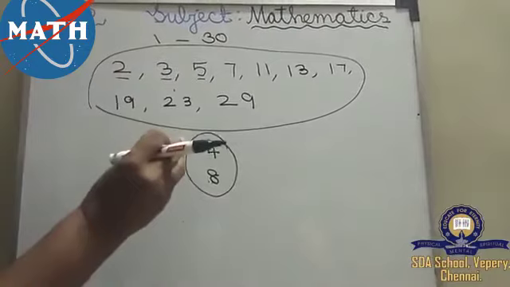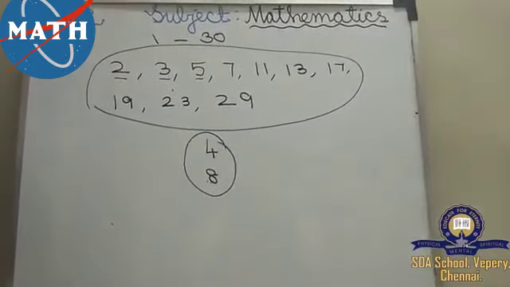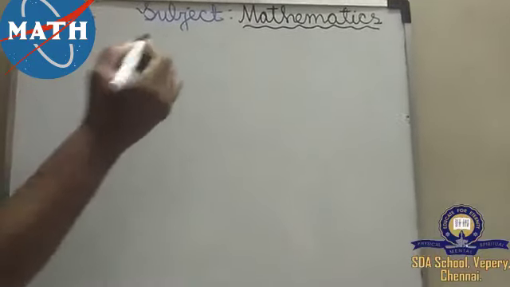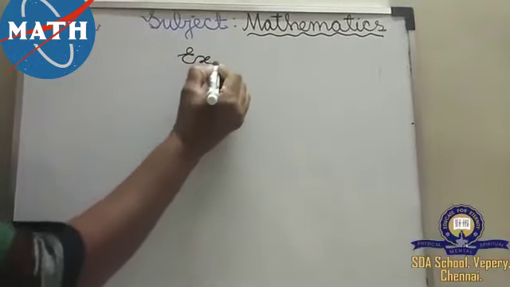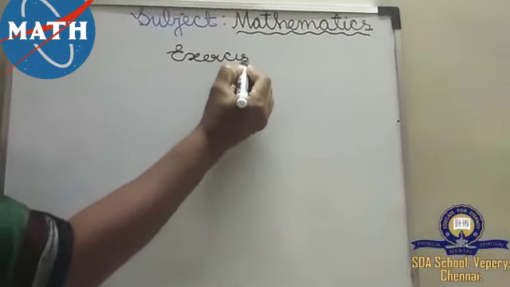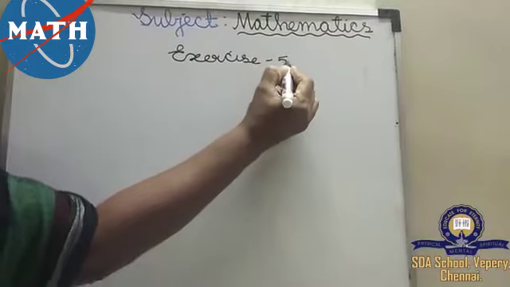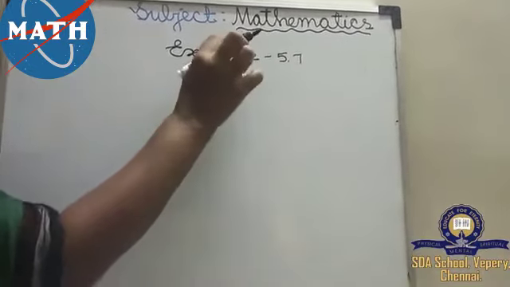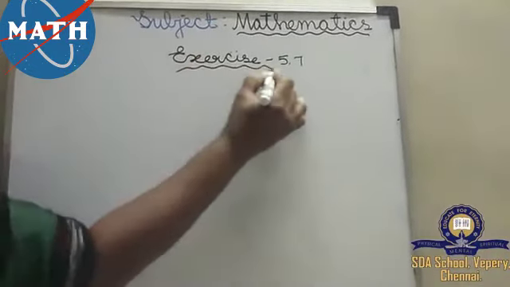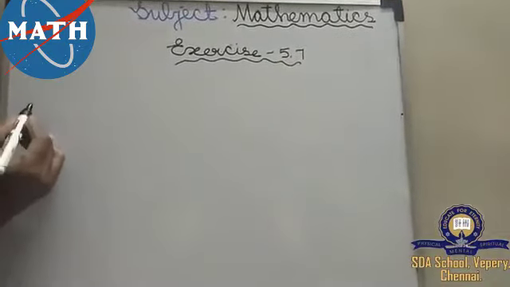Two sums we'll see today. Exercise 5.7. Okay children, first sum we'll see.